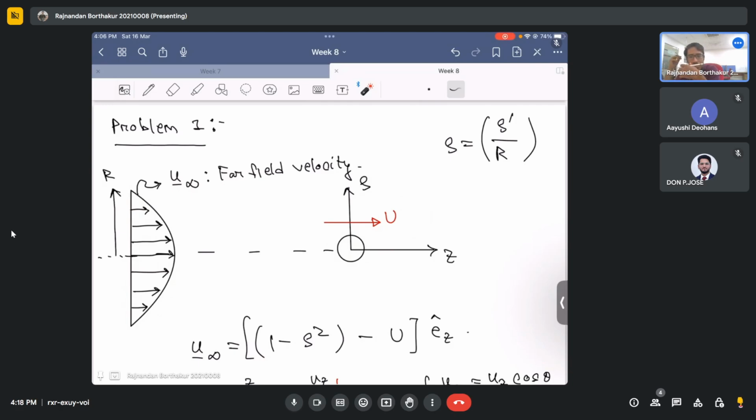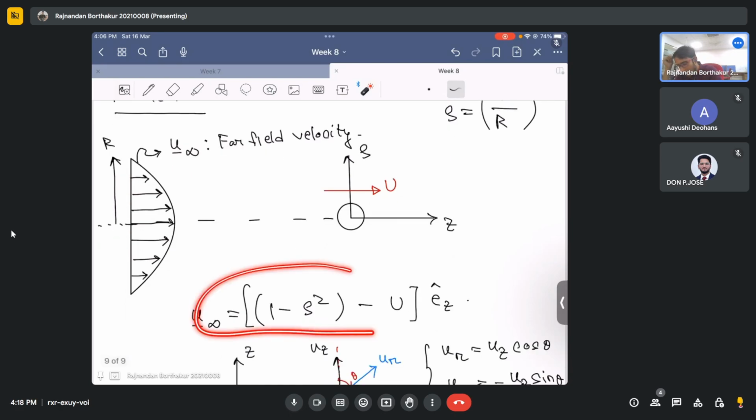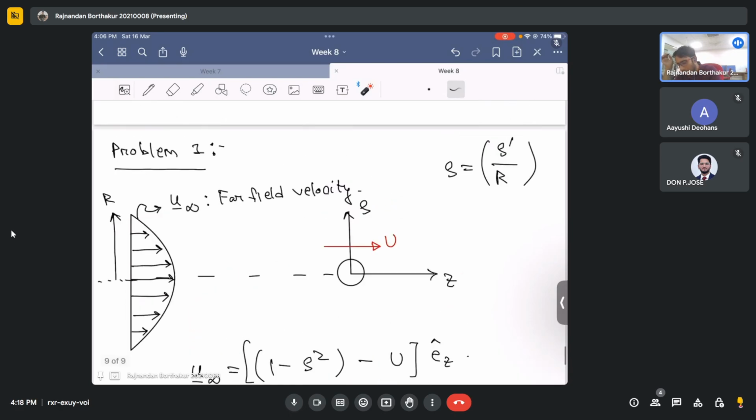The only bit of information that we know is that the far field velocity is known. And remember, rho is the cylindrical radius, because we are going to use spherical coordinates. I will use small r as my spherical radius, and rho as my cylindrical radius.